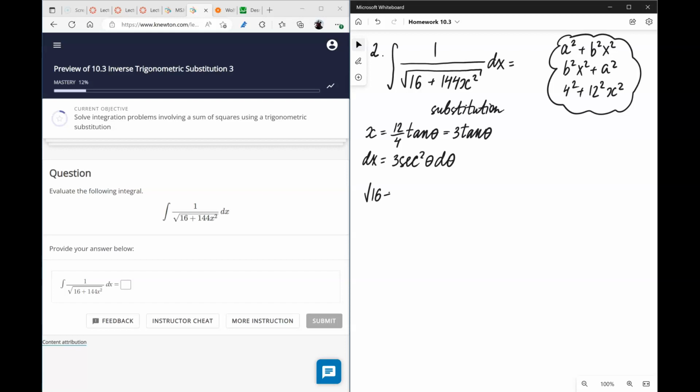The square root of 16 plus 144 x squared is just 12 secant theta. And we're also going to express tangent theta as x over 3, which means the reference triangle will look like this.